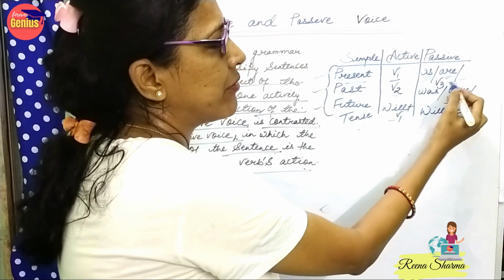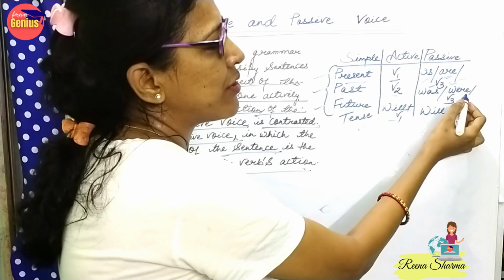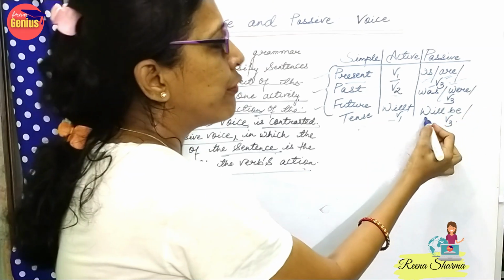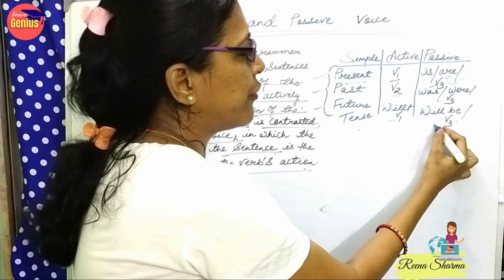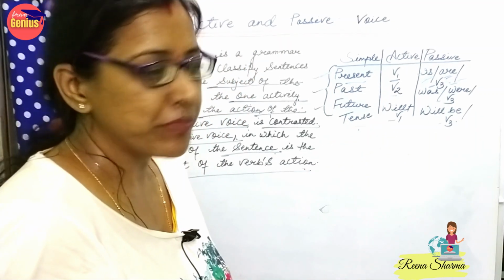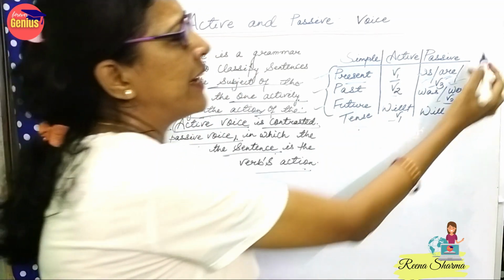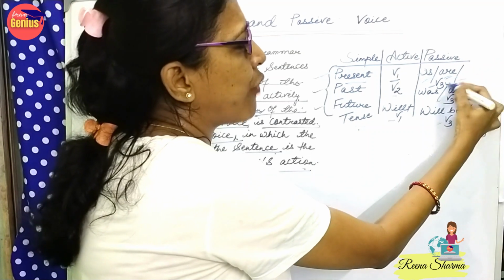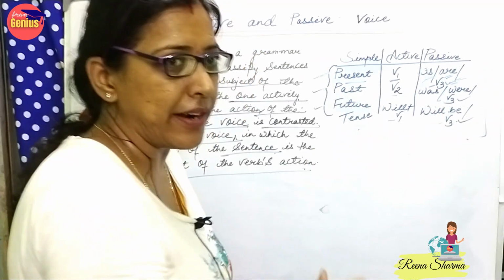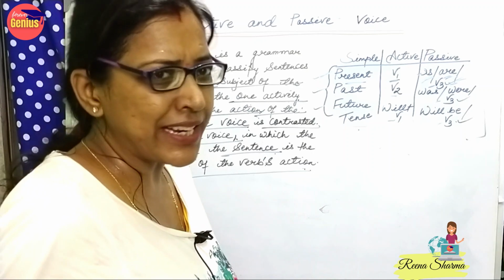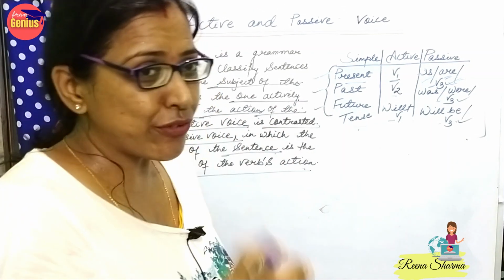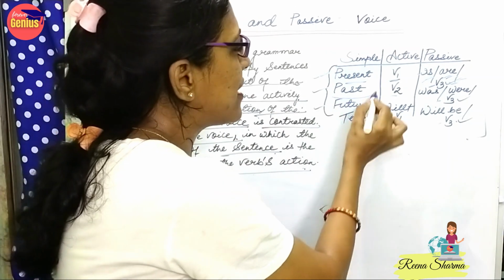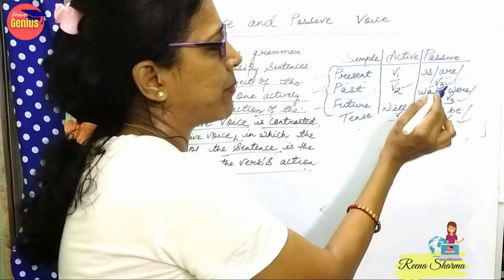So, is, are, we will use the third form. Was, were, we will use the third form. Will be, for future, we would be using the third form. So, it is so simple. In case of passive, the form of the verb will be third in all the cases. Very clear? Only what we have to remember is the difference is in past. It will be the second form.